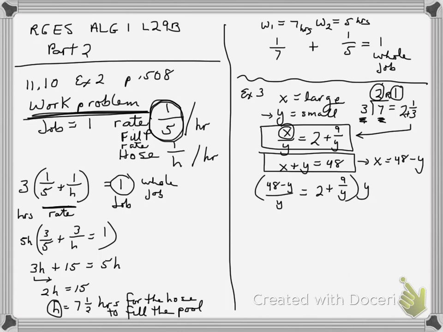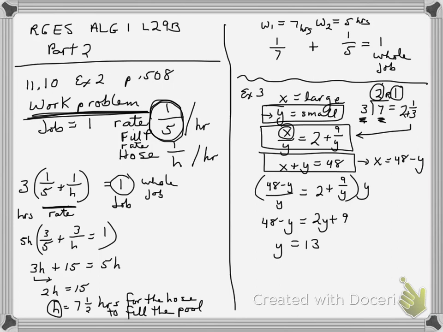We'll cancel it out on the left side, and we'll get 48 minus y. We'll multiply it through in the second term, we'll get 2y. We'll cancel it out in the third term, and we'll get plus 9. Now go ahead and solve that, and you're going to end up with y equals 13. That's the smaller of the two. Right?